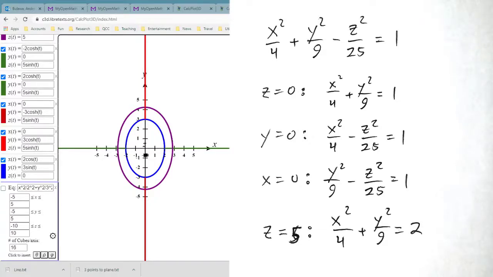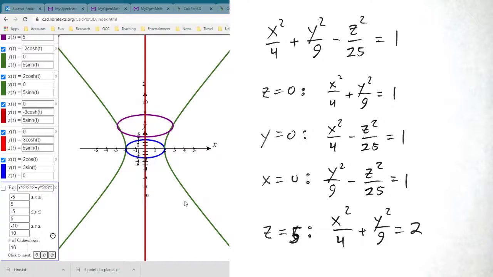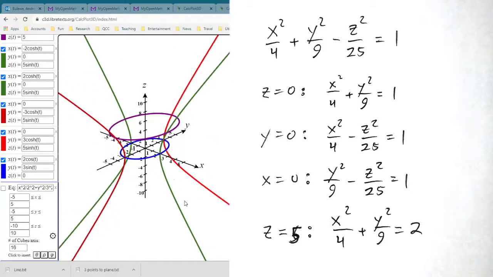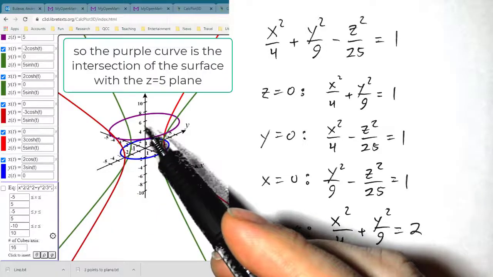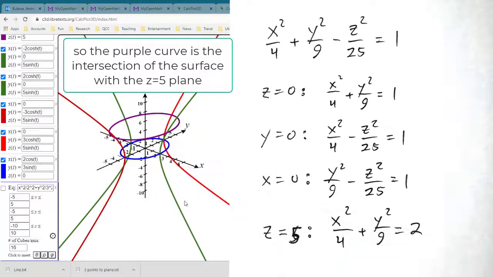Now, one thing to note, though, is that it's actually the trace at z equals 5. So we're actually looking at the z equals 5 plane, the plane that's parallel to the xy plane, but passing through the z-axis at 5. All right, so not z equals 0, not down here, but up here, right? We're looking up a little bit higher.